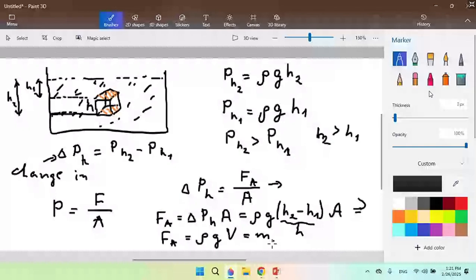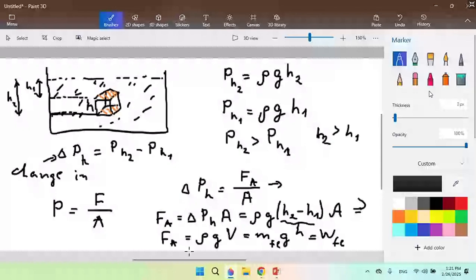So thus rho V is the mass of the fluid being displaced. I may even write here subscript FL for the fluid, g, which is weight. As you know, weight is mass times acceleration, the weight of the fluid being displaced.